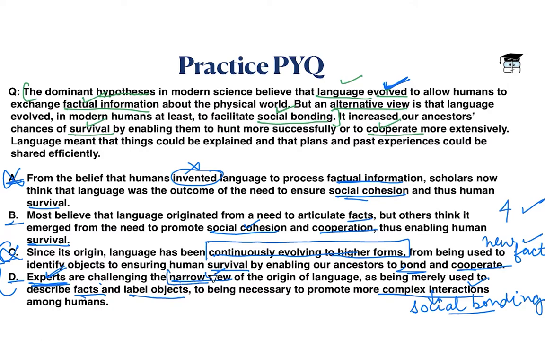Another thing, another new fact, another modification has been made: narrow view. Now, if you check out the second line of the paragraph, you will see that the author is talking about an alternative view. He's not talking about a narrow view. What is the difference? Alternative means different but equal, right? Whereas narrow means one is thin and the other is wider than the previous one.